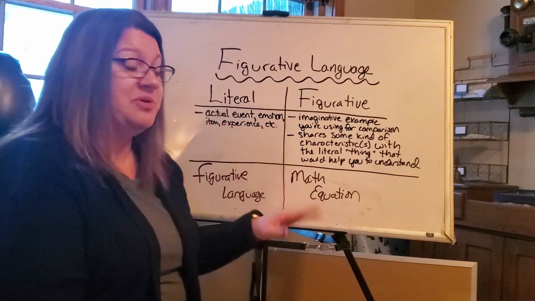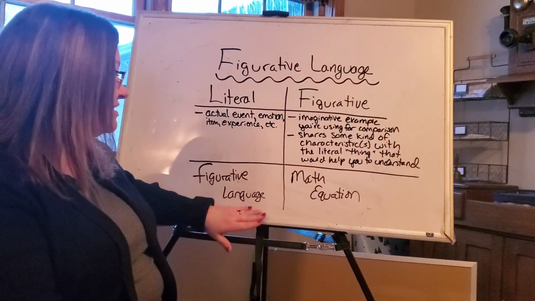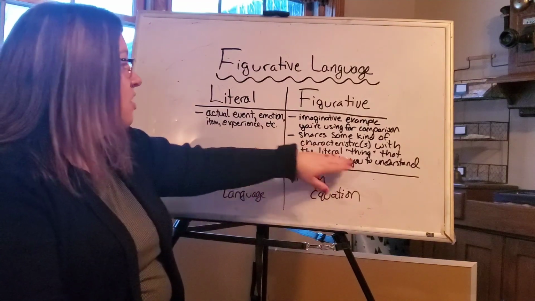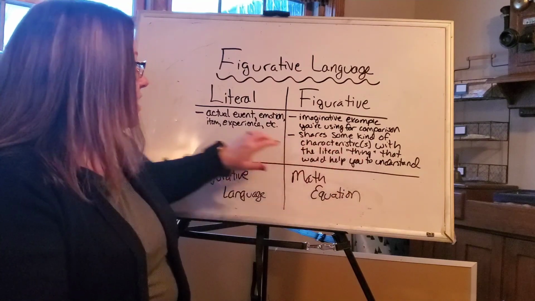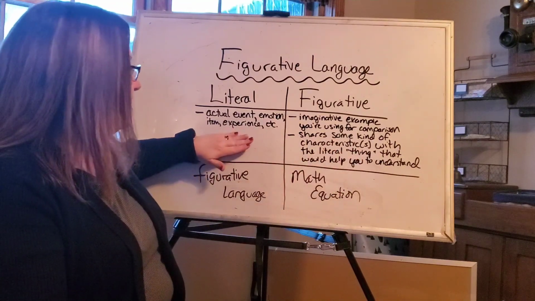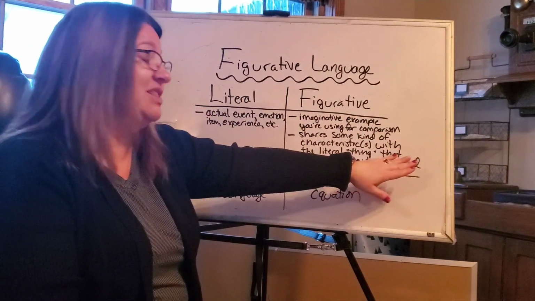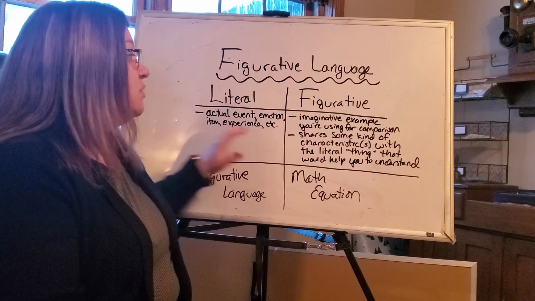And even this example is an example of figurative language. So figurative language is like a math equation, right? The things on both sides are equal. I'm trying to show you how they are the same. It's just that this side is maybe a different form than what's on the other side. But I want to show you that they are equal, right?